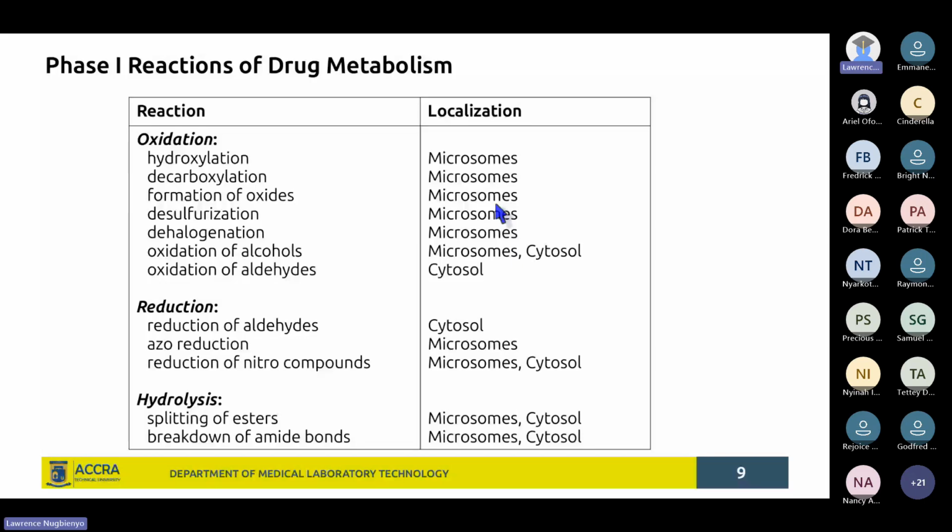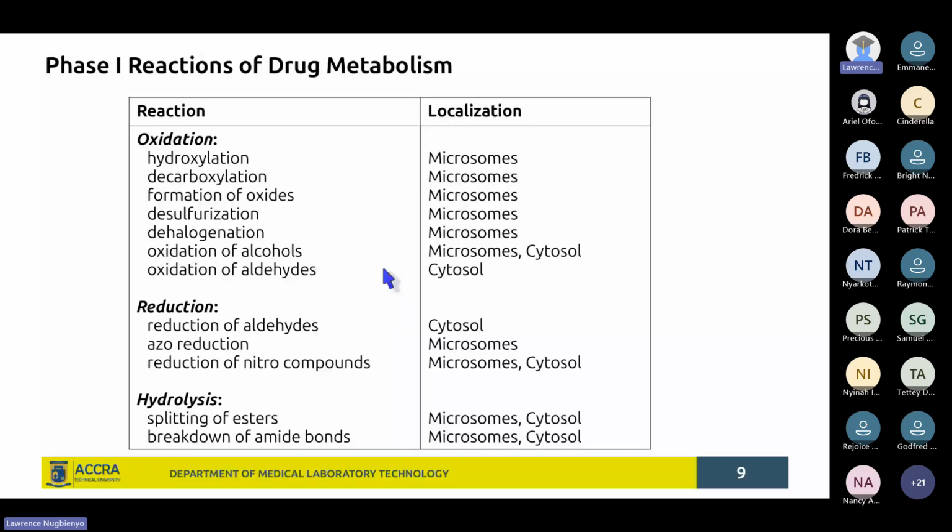You would say these reactions occur in the cytosol, the cytoplasm of the hepatic cells, the cells of the liver. That is where you have lots of these enzymes, particularly the cytochrome P450 enzymes, which are involved in the metabolism of medicines, or let's say metabolism of drug substances or even toxic substances.